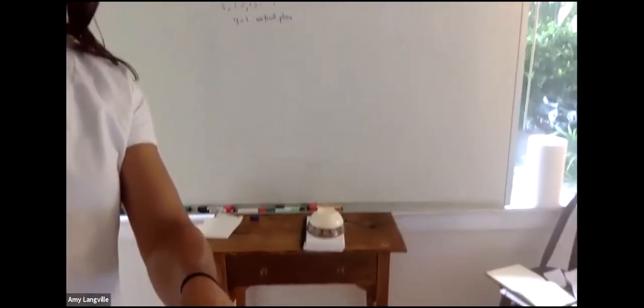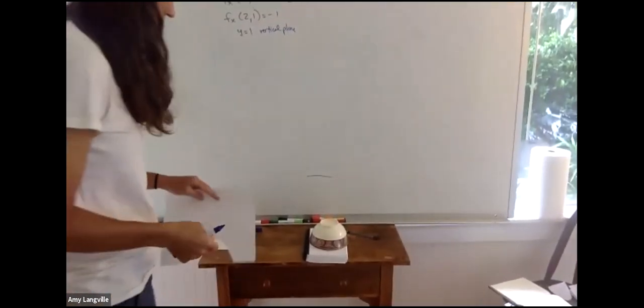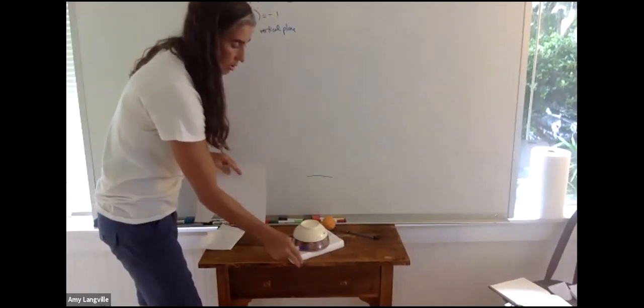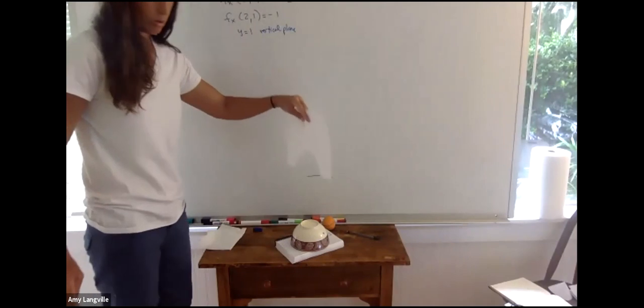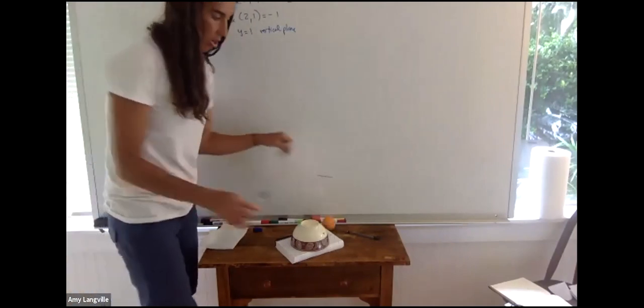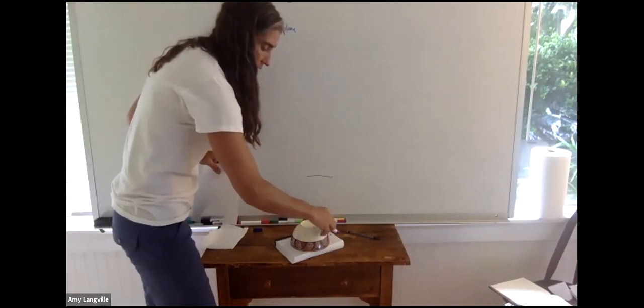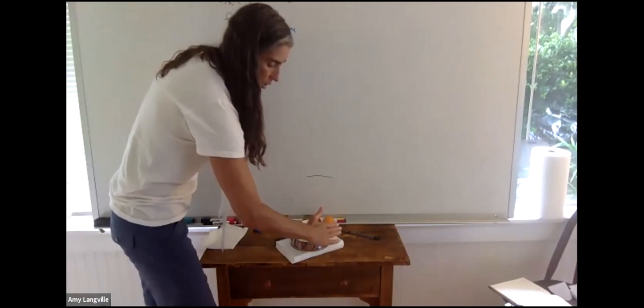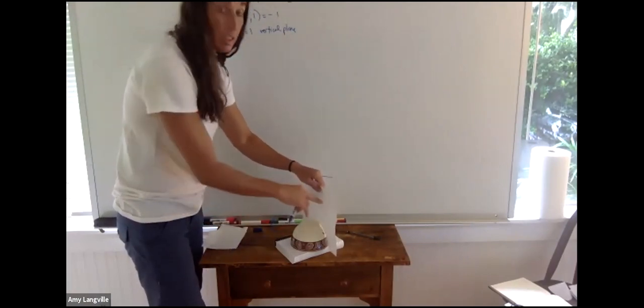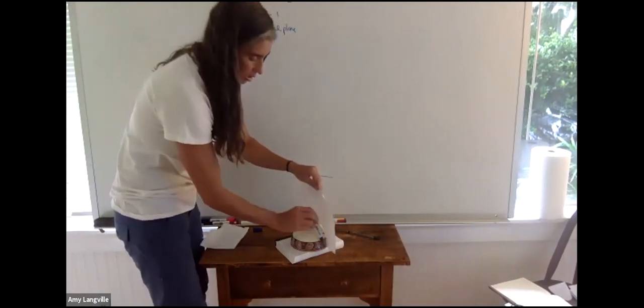Let's see if we can get this angle. All right, so there's the point on the surface. This is the y equals 1 vertical plane. Of the infinitely many tangent lines in the tangent plane at the point of tangency, how many of those live in the y equals 1 plane?